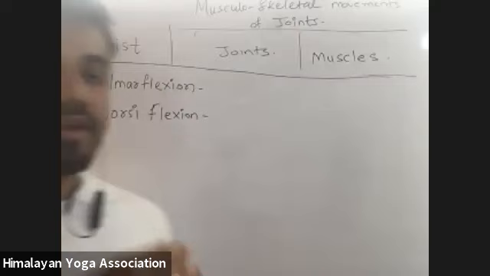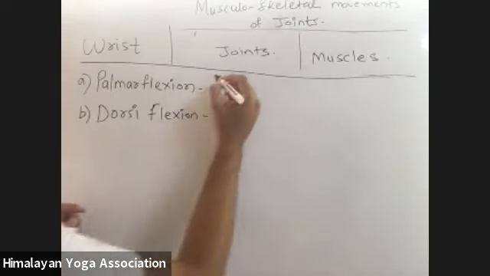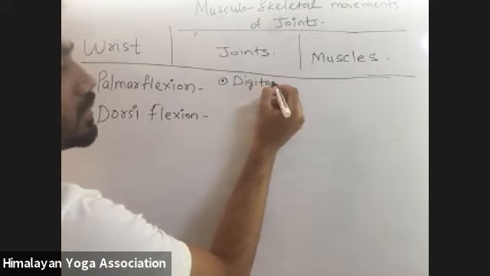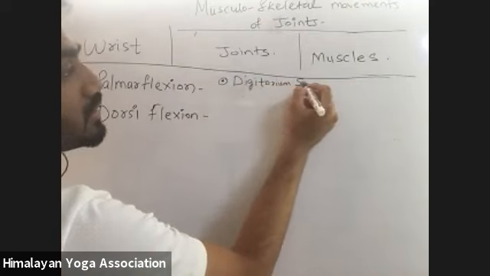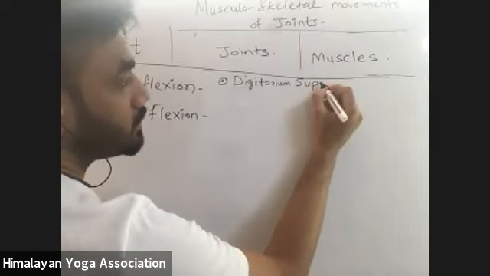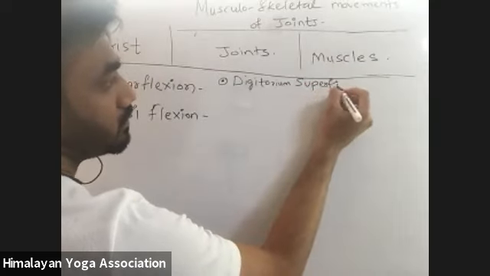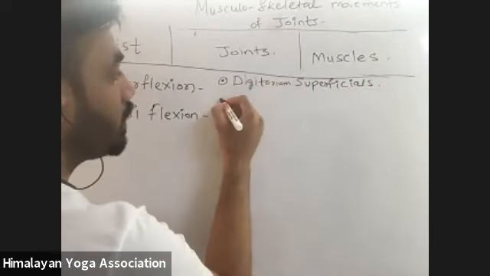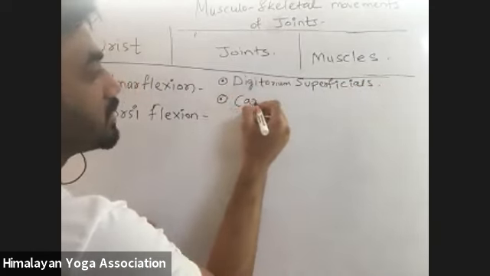In the palmar flexion, we have the major muscles, the digitorum superficialis muscles. That means they are connected to the digits, to the fingers, along with the carpi ulnaris muscles.